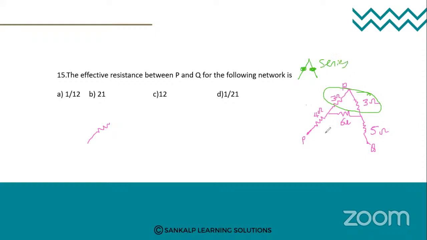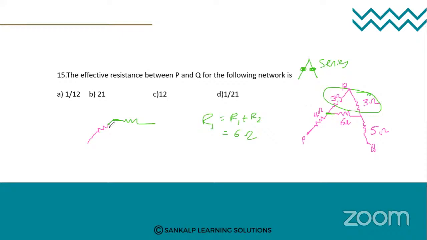Here you can see one more connection is there, right? So therefore 3 ohm, 3 ohm are in series combination. In series combination the effective resistance will be R1 plus R2 which is equal to 3 plus 3 is 6 ohm.